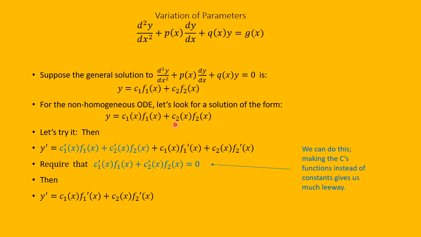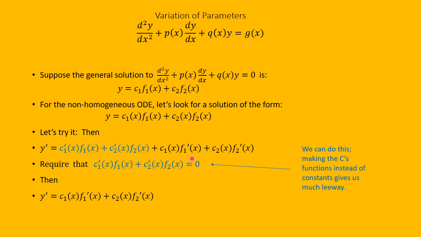If we differentiate this using the product rule, we get that y prime is c1 prime of x times f1 of x plus c2 prime of x times f2 of x plus c1 of x f1 prime of x plus c2 of x f2 prime of x. Let's demand, as an extra condition, that c1 prime f1 plus c2 prime f2 of x equals 0 for all x.